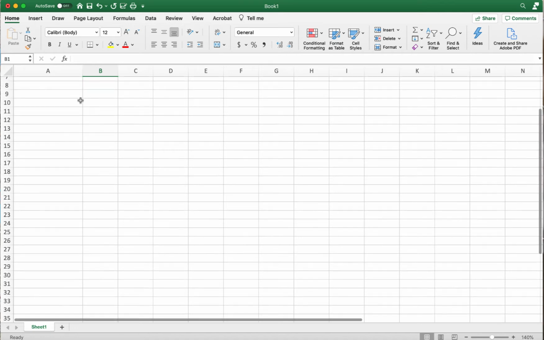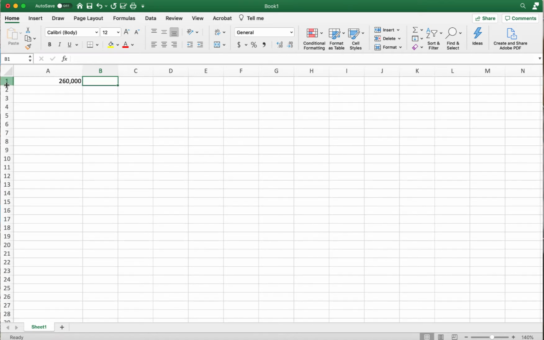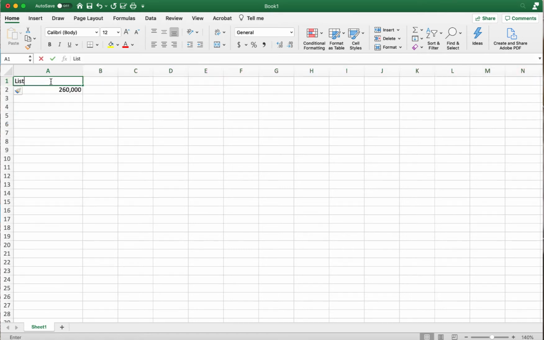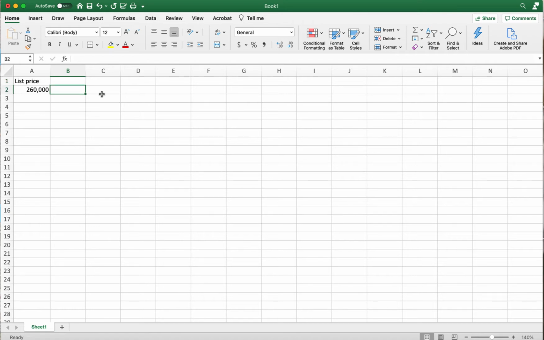So we're going to say this is the list price, and then we're going to calculate that trade discount. To calculate the trade discount, I take the list price, $260,000, and multiply it by 0.25. I end up with $65,000. This is my trade discount.